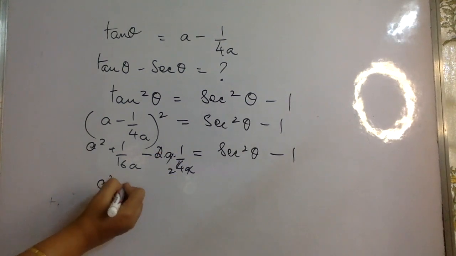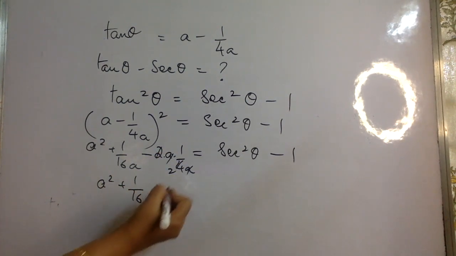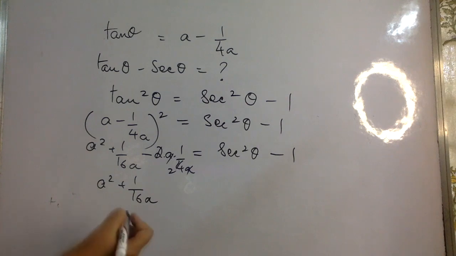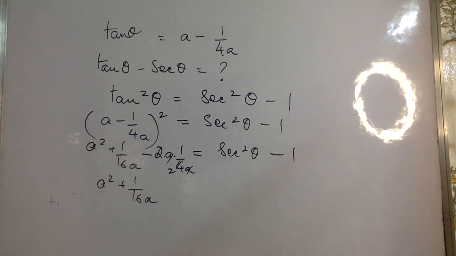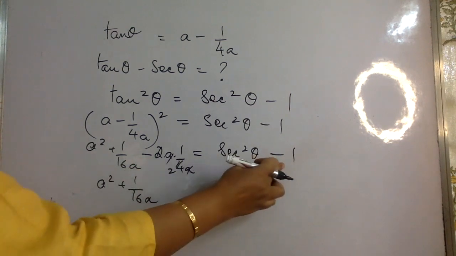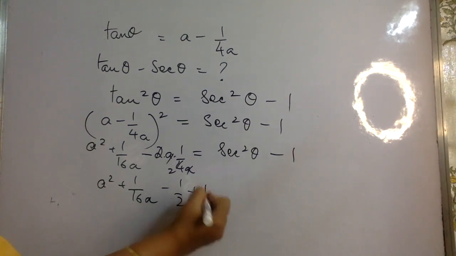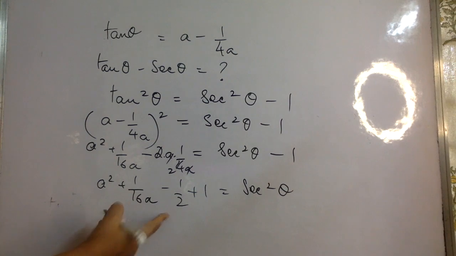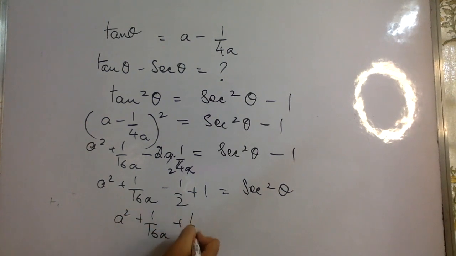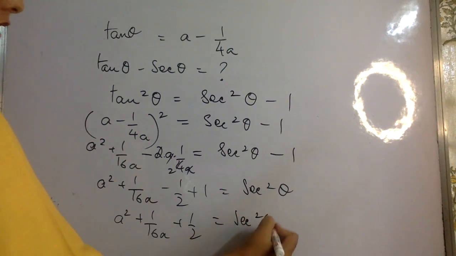So a square plus 1 by 16a square, and then comes the minus half, and here there is a minus 1. From that side it is minus half plus 1 is sec square theta. So this makes a plus half. Okay, a square plus 1 by 16a square plus half is equal to sec square theta.